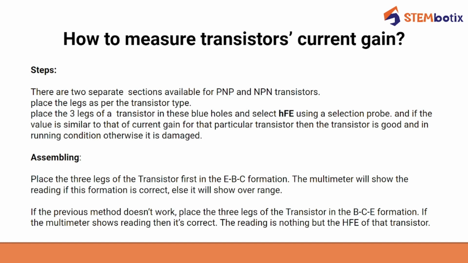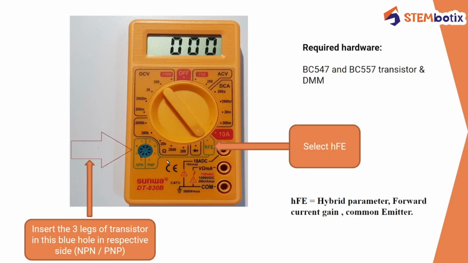There are two separate sections available for PNP and NPN transistors. Place the legs as per the transistor type. As you can see on the digital multimeter, there is a dedicated area for transistor measurement.